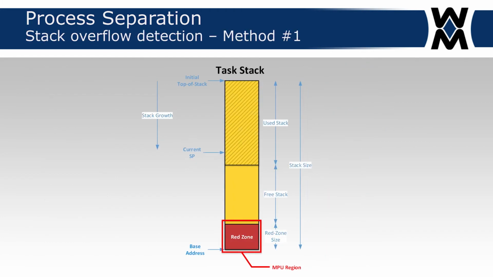So when it comes to stack overflow detection, there's a couple of methods we could use. One of them is to allocate what's called a red zone at the bottom of each task. So here you have your task's full stack. This is the size of your stack when you're creating your task.